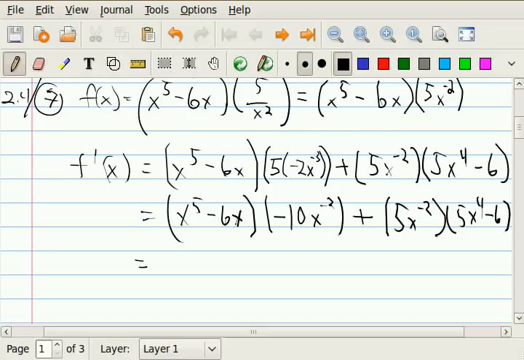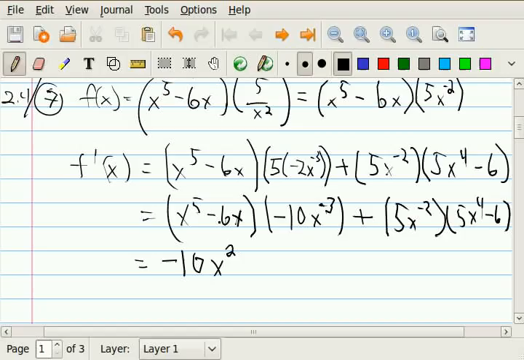I have to distribute this term into the parentheses. That's going to be negative 10, but then I have x to the negative 3 times x to the 5th. Oh, I'm sorry, that's negative 3 there. So x to the 5th times x to the negative 3rd. We add those powers, and I get negative 10 x squared. 5 plus negative 3 is 2.